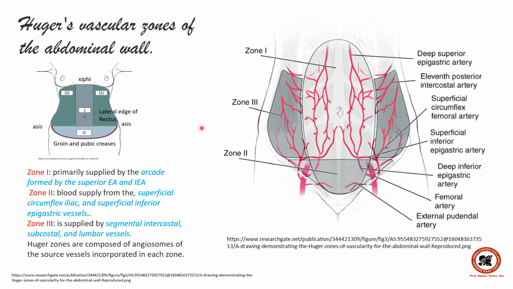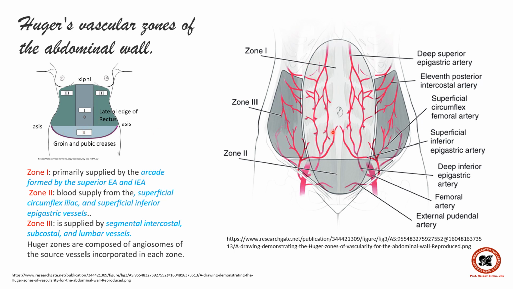Now, this vasculature, for the sake of abdominoplasties, has been divided into 3 zones, and these 3 zones are known as Huger's vascular zones. And why have they been divided into zones? Because each of the zones has its own specific artery, and these are composed of angiosomes of the source vessel incorporated in each zone. So the source vessel in each zone is different. Zone 1, from the xiphisternum to the ASIS, has the epigastric vessels as its source vessel.